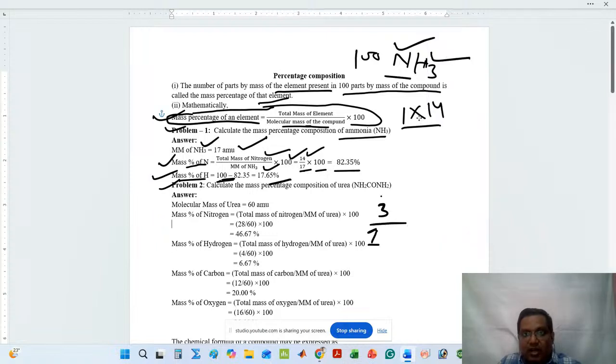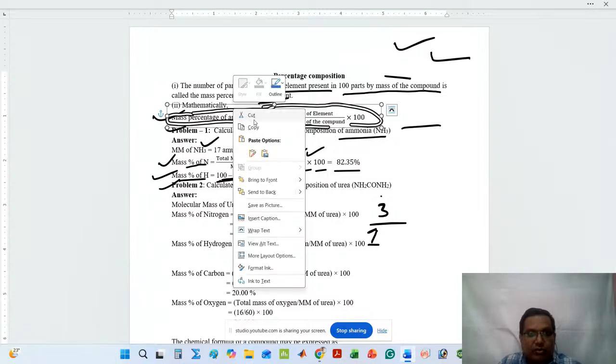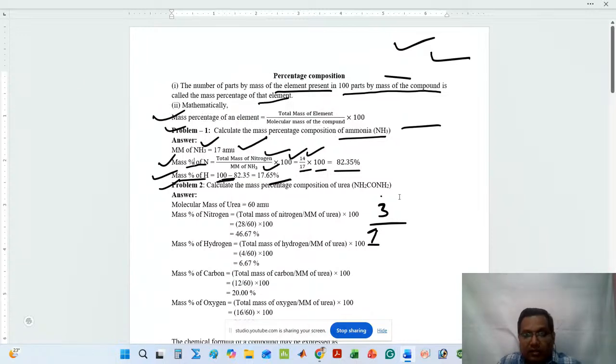In the urea molecule, two nitrogen atoms are present. Look at this, this is the formula of urea. Here one nitrogen atom is present, here another nitrogen atom is present, here four hydrogen atoms are present, and here one carbon atom and one oxygen atom are present.